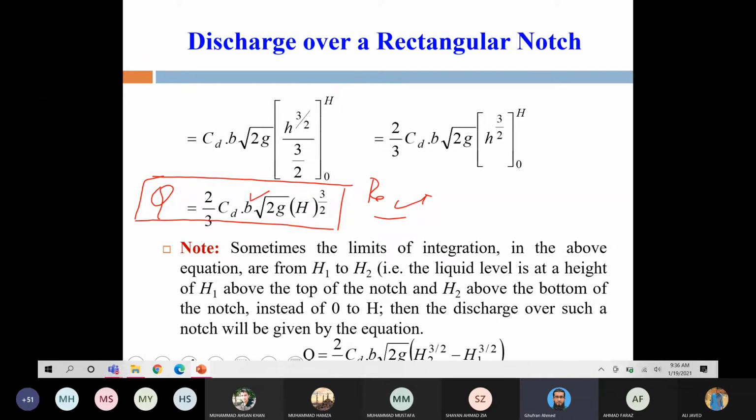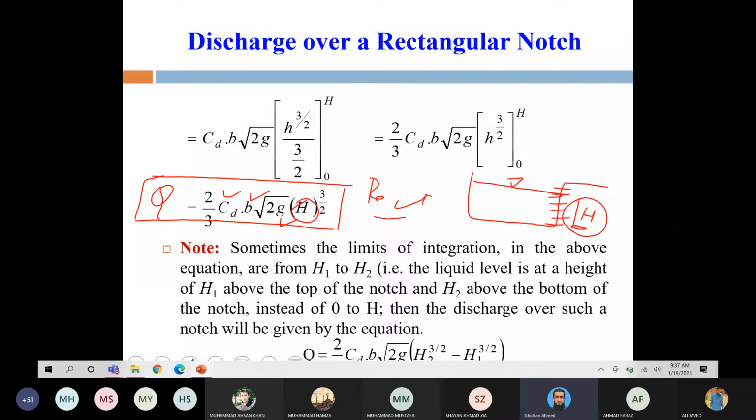Here B is constant, CD will also be constant for that particular notch, G is also constant, so the only thing which varies is H. So say if you have installed a notch in any flowing liquid, you just make some graduations here, and from the top you see what the height h is. Based on this value of height h, you will be able to find the discharge.